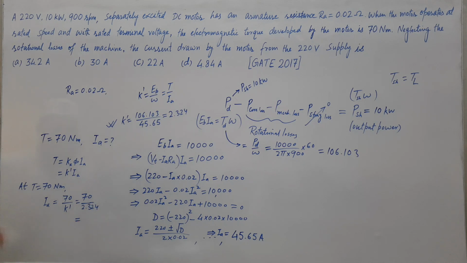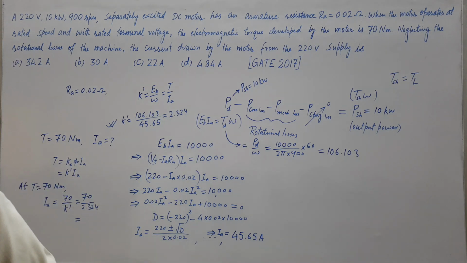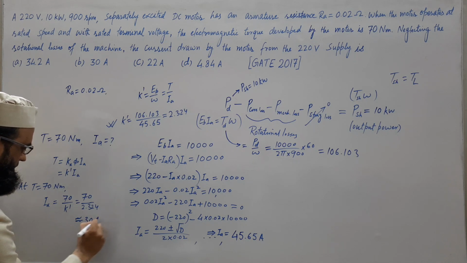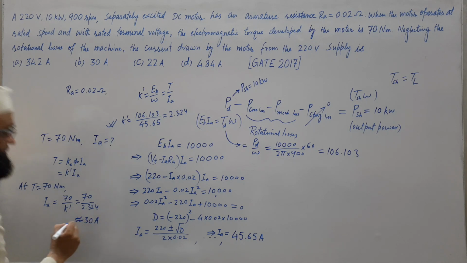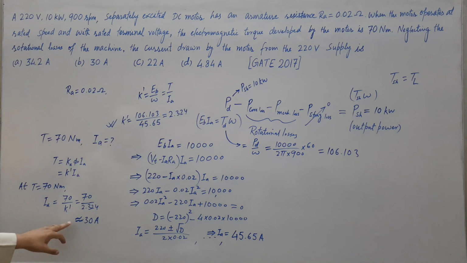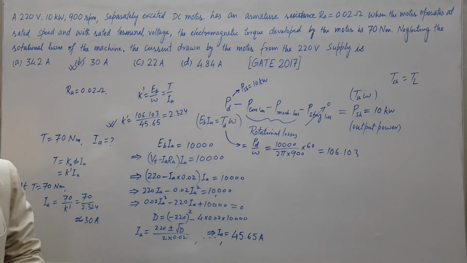This gives the value of Ia corresponding to 70 Newton meter as 30 point something, so nearly equal to 30 ampere. This was a multiple choice question in GATE. So you have 4 options. This is giving the value nearly equal to 30 ampere, so this option is the correct option.